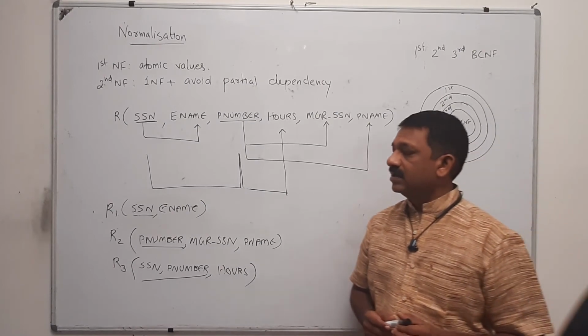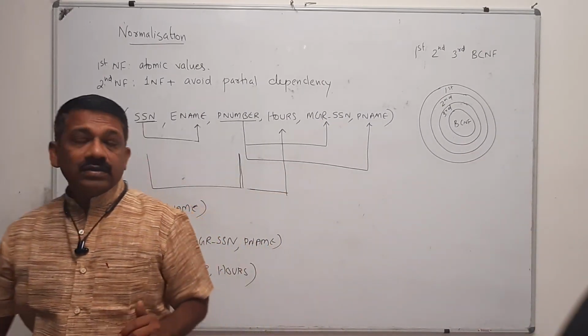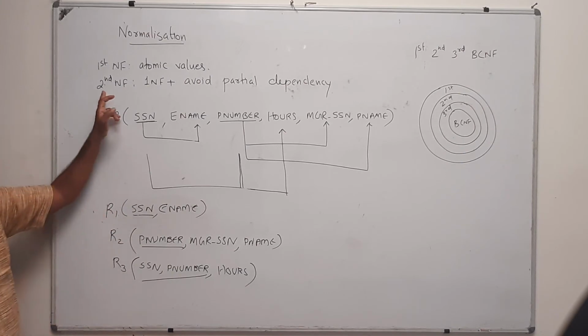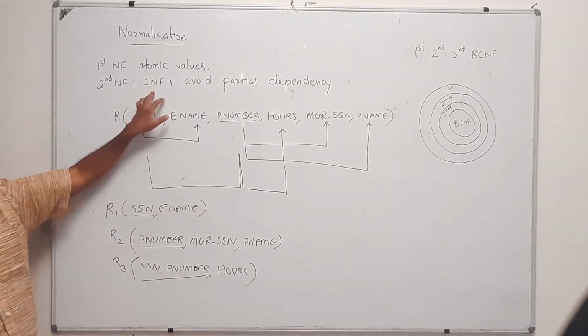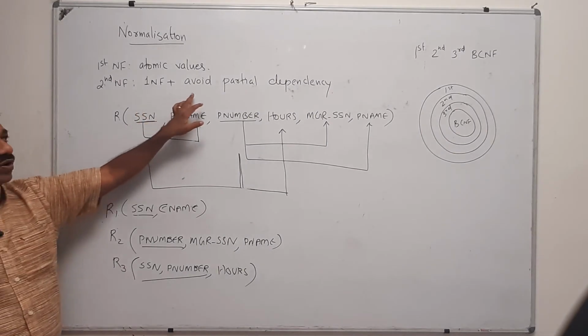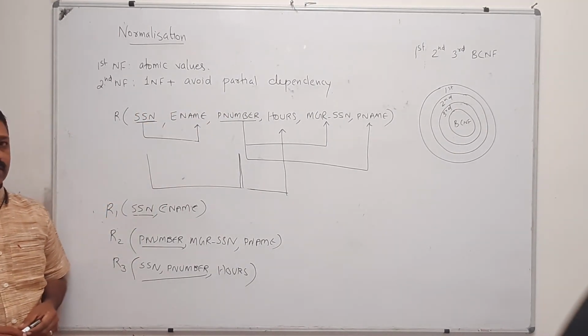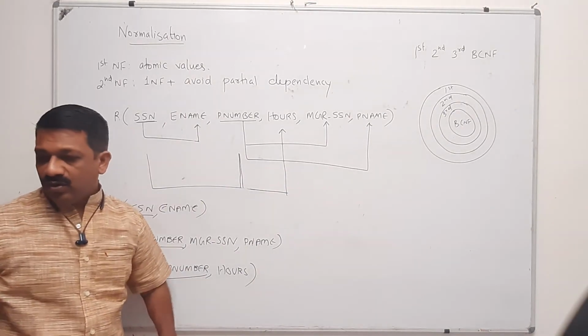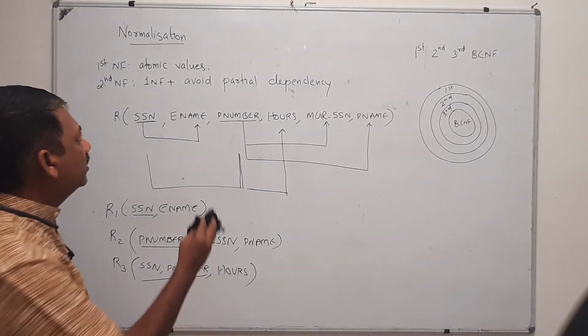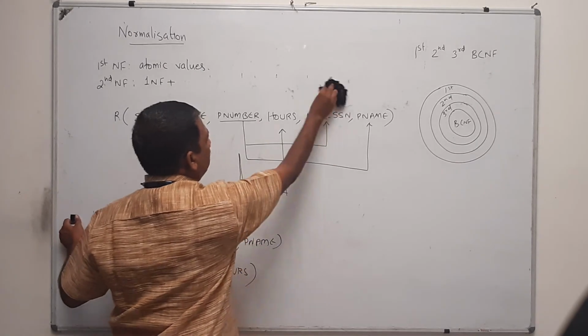That means the definition for second normal form is it should be in first normal form, and every non-key attribute is fully dependent on the primary key.